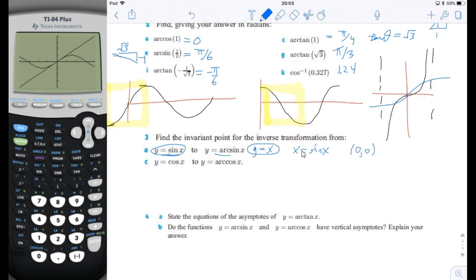Okay? All right. Now, if we want to zoom in on this, we could change the window size to -1 to 1. And we'll graph it again. And this time, we could also do a zoom fit so we could see even closer.